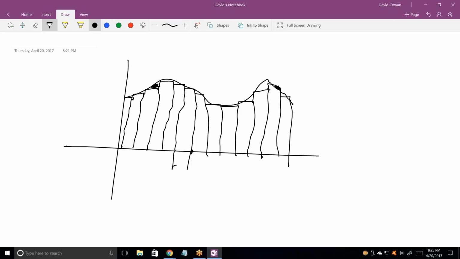So that's where you get this concept of dividing by 0. Or multiplying by 0. In other words, I'm going to get the area of each rectangle by multiplying its function value times the width. That gets the area of that rectangle. And I'm just going to sum them all up.